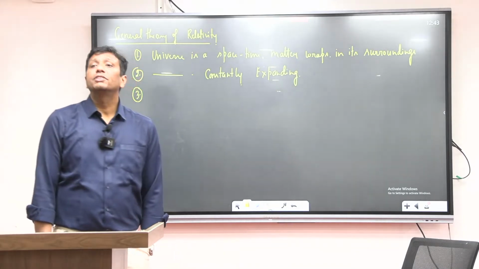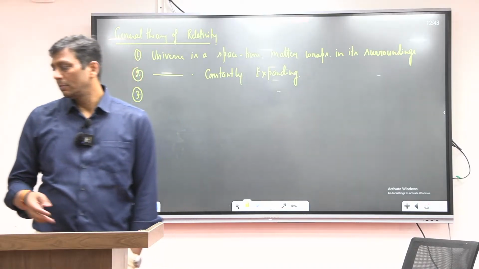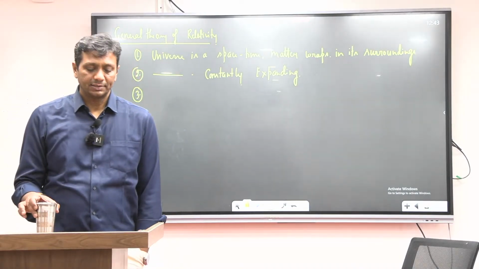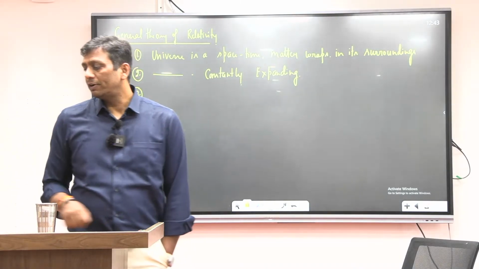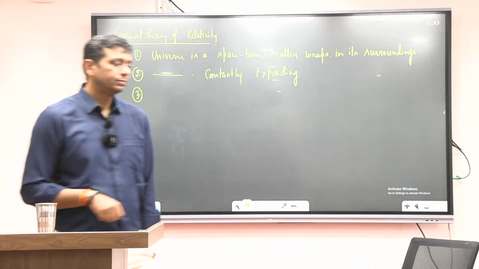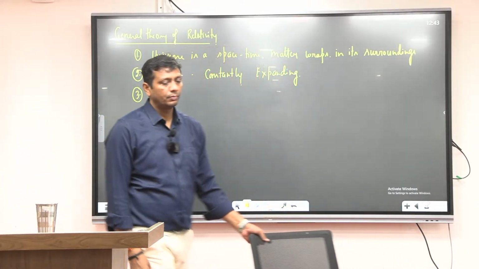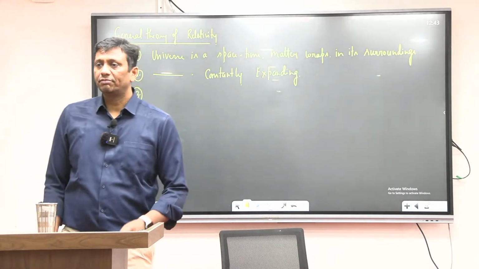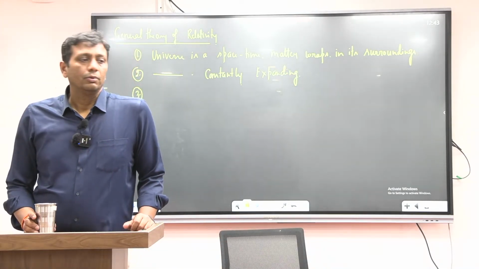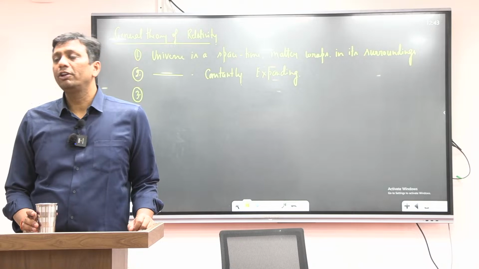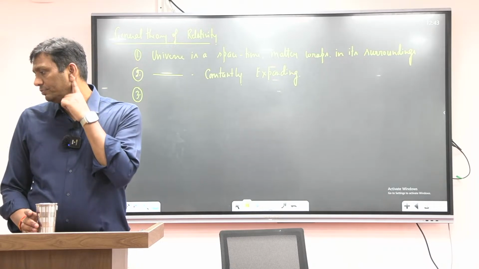If two objects of different mass fall down, they will reach at the same time in space.